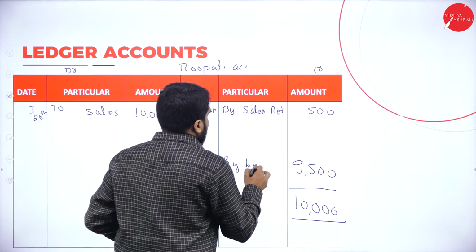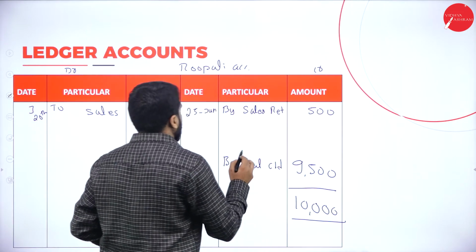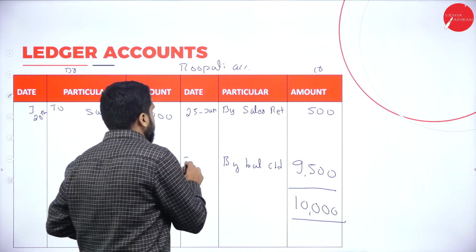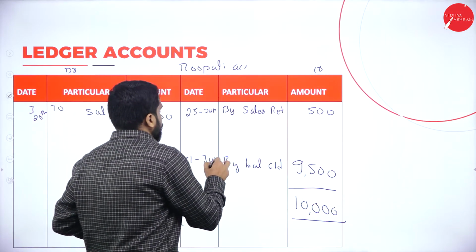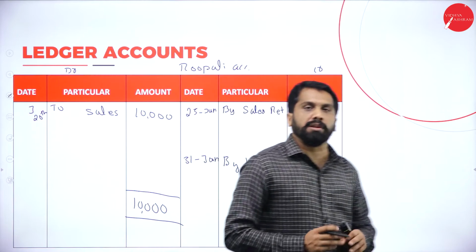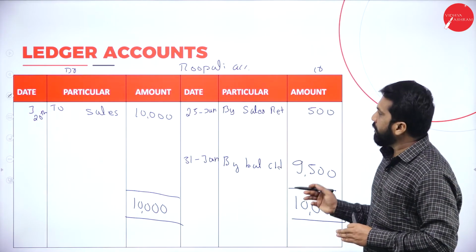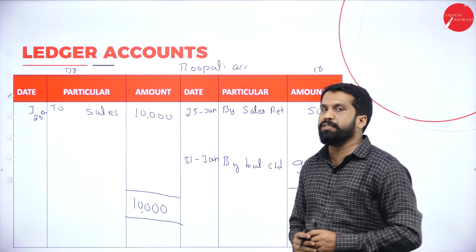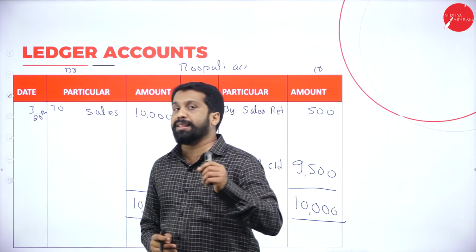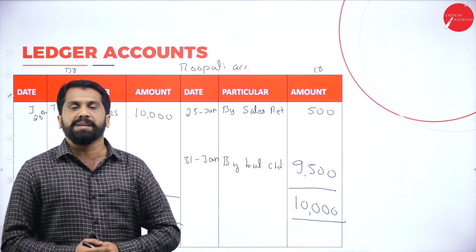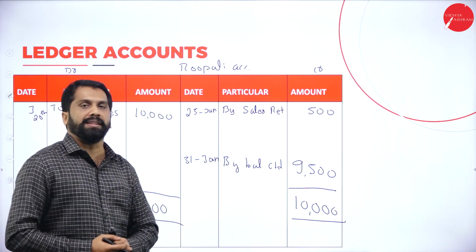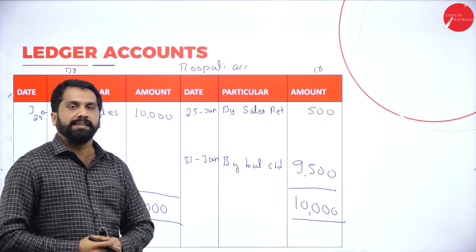By balance carry down. What date should you take? You are doing January, so it must be 31st January. If you have any confusion, the last date you have, 25th, you can also write that. But for the safer side, mention that particular month's last date. Clear? Yes. This is all about the Rupali account. If you want, you can take a screenshot.